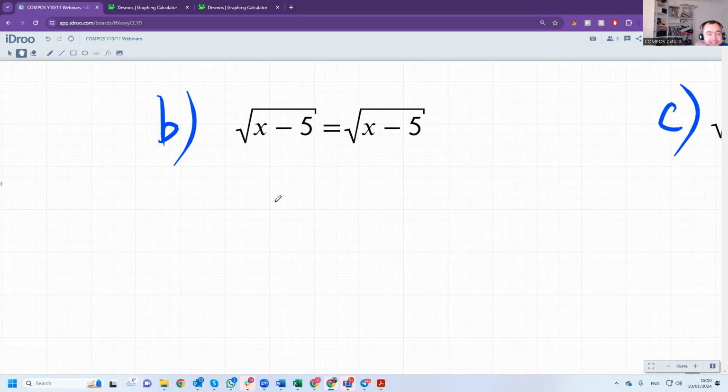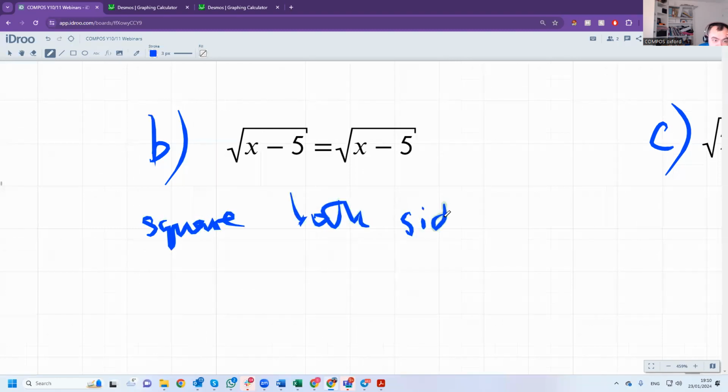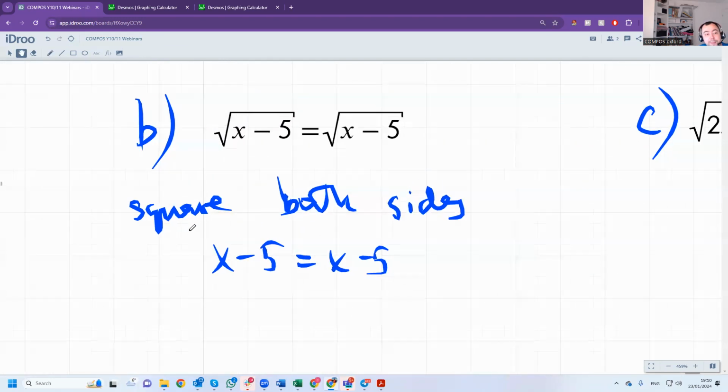Yes, because the way you do square rooted equations is you square both sides, and that becomes x minus 5 equals x minus 5, which is true for any real number.